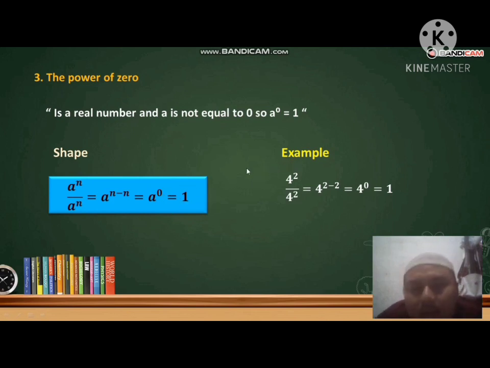An example of the power of 0 is 4 squared over 4 squared equals 4 to the power of 2 minus 2 equals 4 to the power of 0 equals 1.